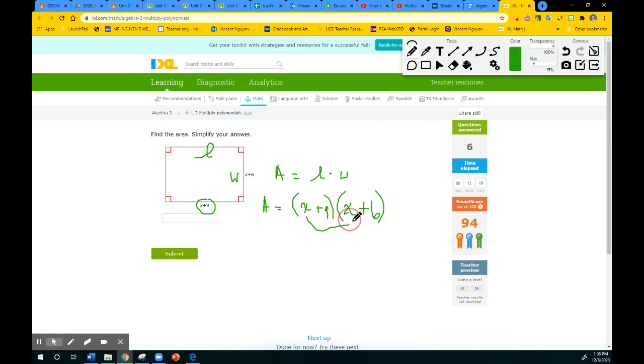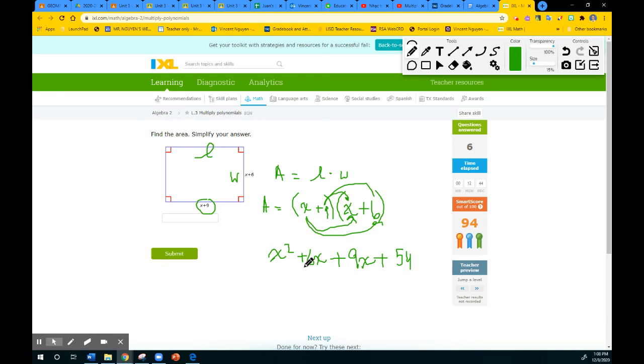We're going to do x times x, which is x squared. And then of course we're gonna do x times 6, which is 6x, so plus 6x. And then we'll do again for the 9, 9 times x, so plus 9x. And then 9 times 6, which is 54, so we do plus 54.